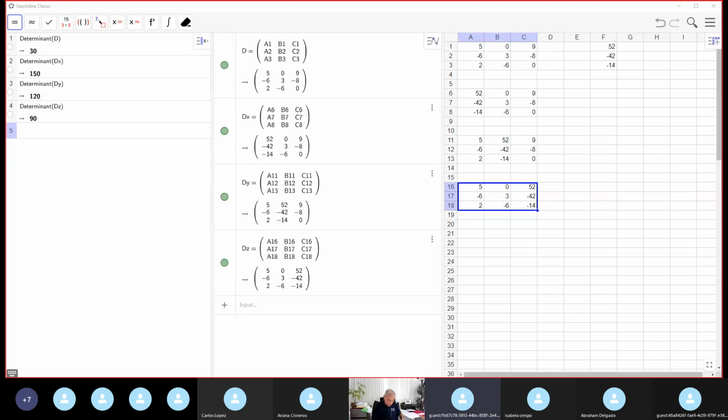Remember, we have different properties. You don't need to know my memory. However, the most frequently applied property is when you perform row operation or column operation, because in a determinant we can use column operations.